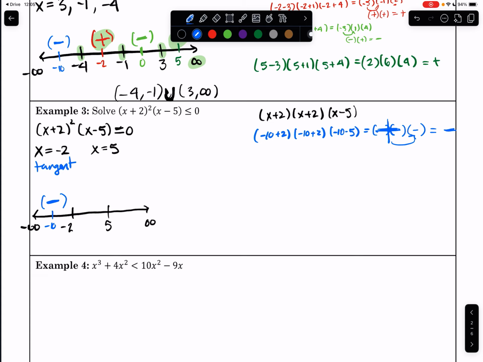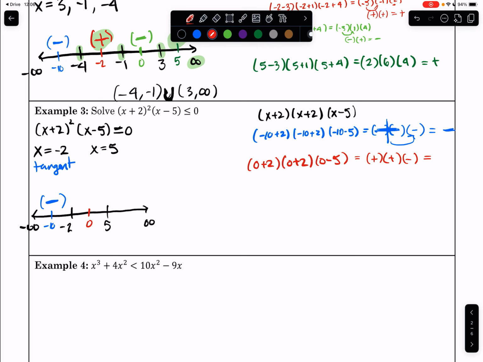Now we have to pick a number between negative 2 and 5, which the number 0's in there. So 0 plus 2, 0 plus 2, and 0 minus 5. So 0 plus 2 and 0 plus 2 is positive 2 and positive 2 respectively, and 0 minus 5 is negative.